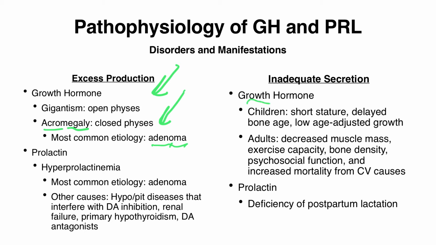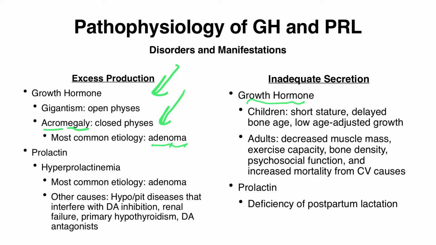So with regards to growth hormone, if that's inadequate in kids, what we see is they're not meeting their benchmarks on their growth curves. So we see low age-adjusted growth when we're comparing their height and weight with other children in the population. So they display short stature, delayed bone age, whereas in adults, if there is inadequate secretion, we no longer as adults have lengthening long bone.